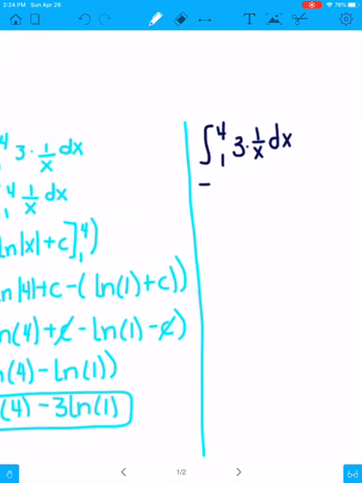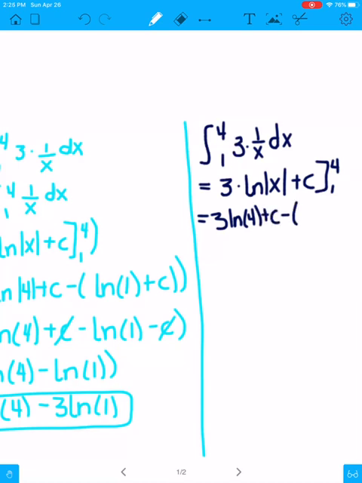And so then that equals, and just do the antiderivative of that right away. So I would get 3 times ln absolute value of x plus c from 1 to 4. And so I would get 3 ln 4 plus c minus 3 ln absolute value of 1 plus c.